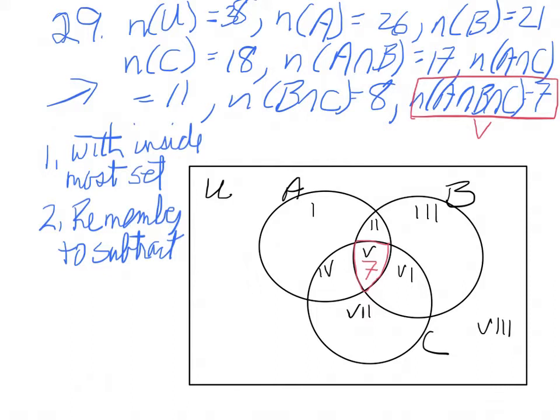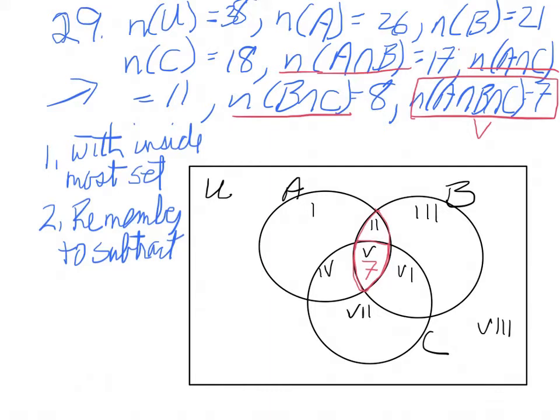Now the next regions we look at are going to be the intersections of only 2 sets, A intersect B, A intersect C, and B intersect C. And so the number in A intersect B, which is now represented by this set here, well, I already have 7 there, but A intersect B has 17.